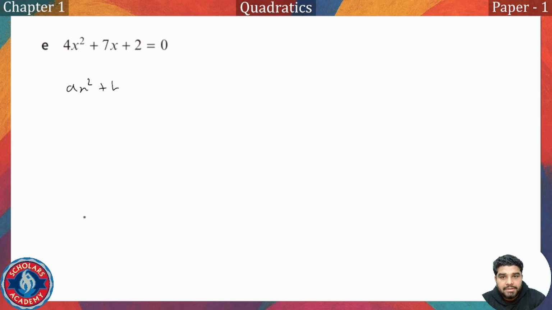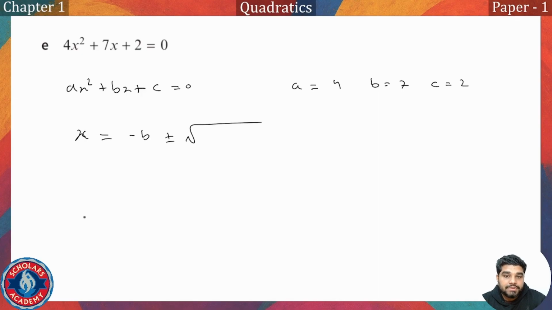ax square plus bx plus c is equal to 0. Comparing this with the given equation, a is 4, b is 7, and c is 2. So substituting these values in the quadratic formula that is derived from the completing the squares equation: x is equal to minus b plus minus root of b square minus 4ac by 2a.